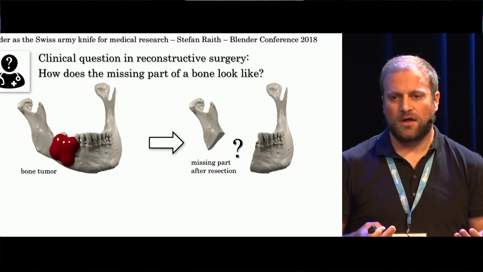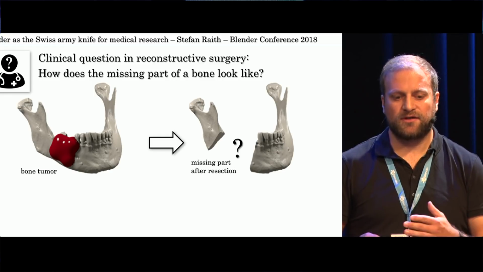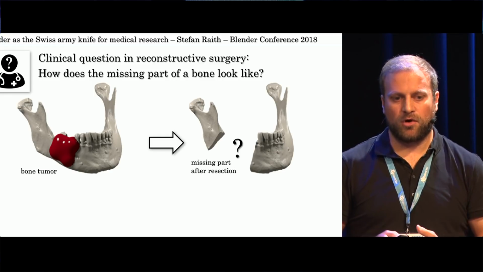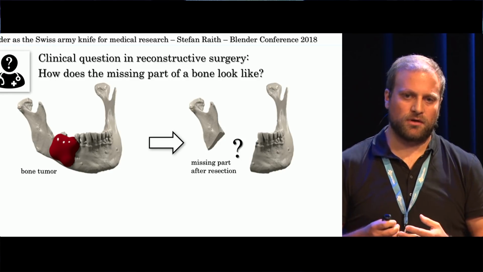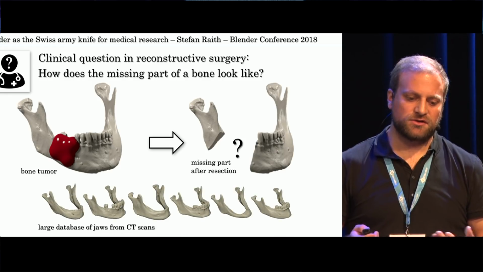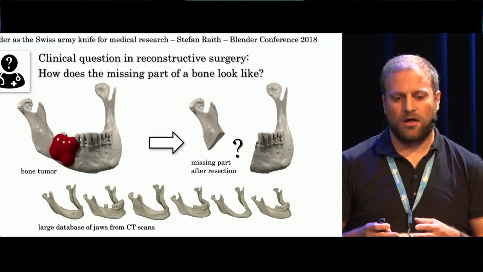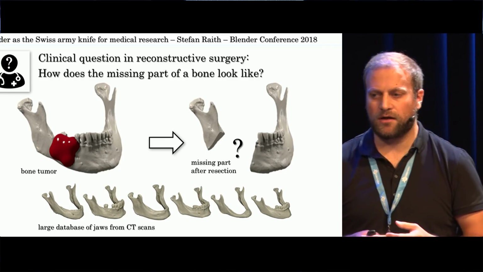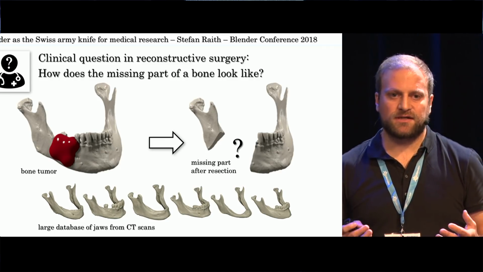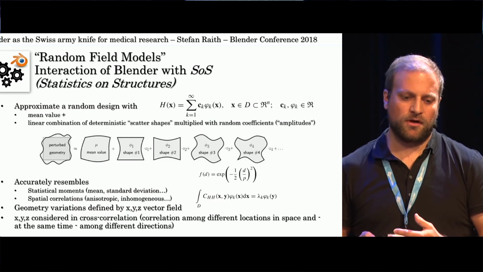But the surgeons really don't have a clue how the shape should look that needs to be reconstructed, if the bone in its prior state is deformed through this tumor. The solution that we have is a relatively large collective of mandible bones, which can be used to generate a database that allows us to virtually reconstruct the shape of the mandible.